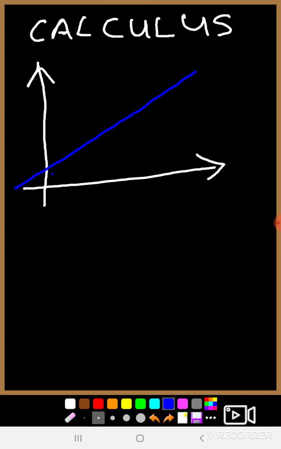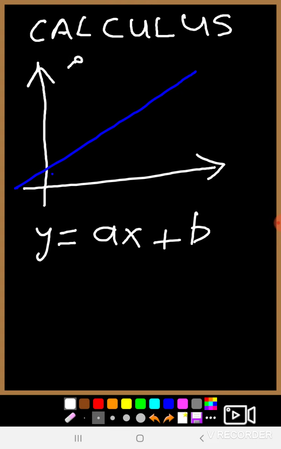If you remember, the equation of a line is something like y equal ax plus b. In this ax plus b, we know the value b is where we are intersecting the y-axis.